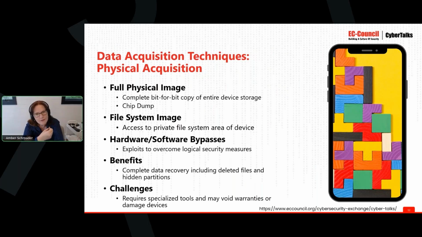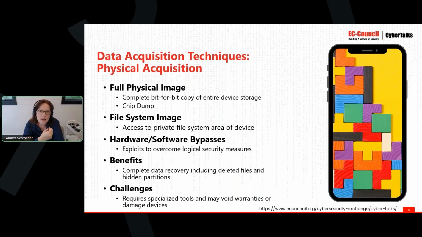You might get a file system image depending on what type of tool you're using, which means that they're going to get access to a portion of this particular area that is locked away from traditional user interaction. They can only interact through the device itself, but a lot of their user-oriented data that they can change isn't available to them in that area. It's only system data.